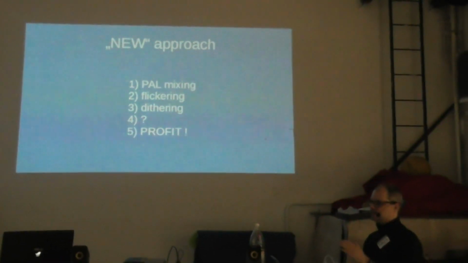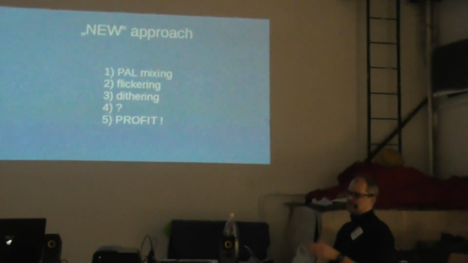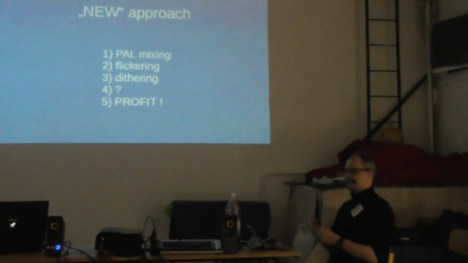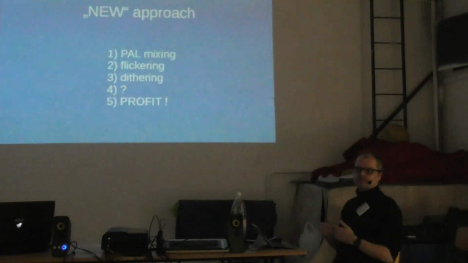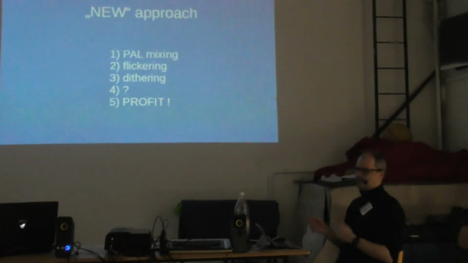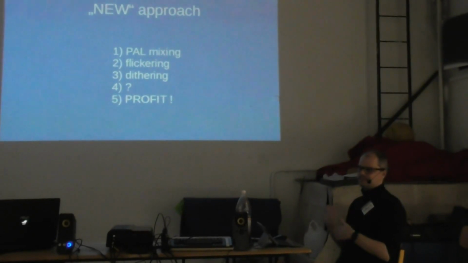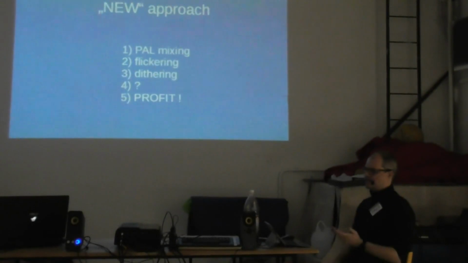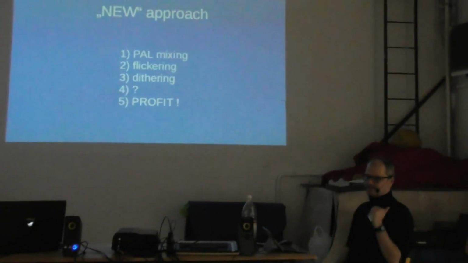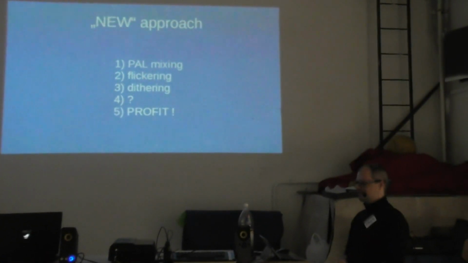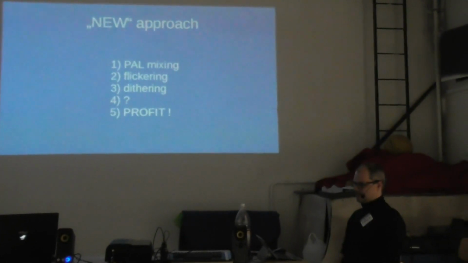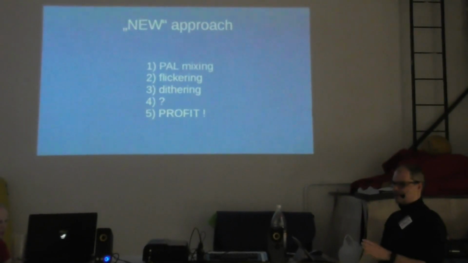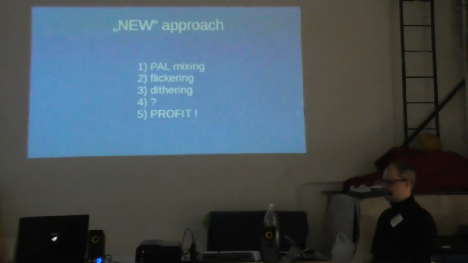On the other hand, modern LCD screens typically merge consecutive frames together, so you can really change between a black and white screen and it won't be flickering at all. But we still want to support CRT screens, so I think I found some ideas how to improve it.